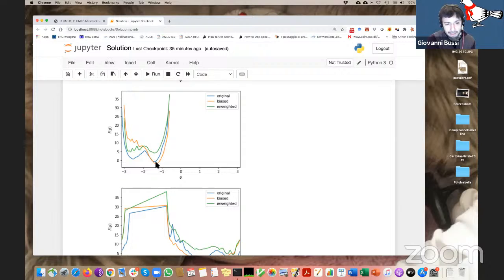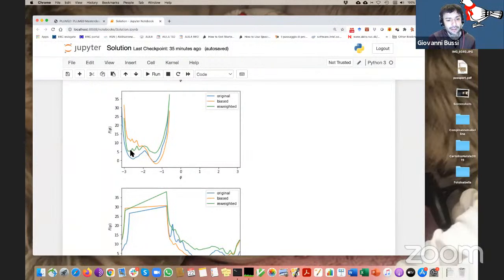Once I do reweighting, so I explicitly take the bias into account, and I tell PLUMED, okay, look, when you do the histograms, you have to weight states here less than states here, because the system was encouraged to go here, so it's less important if it went here rather than here.